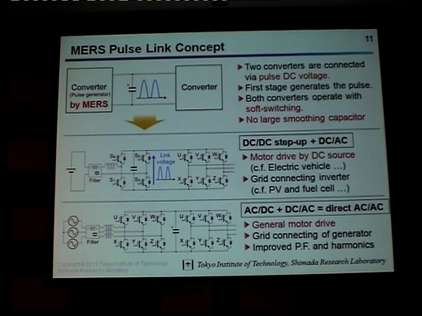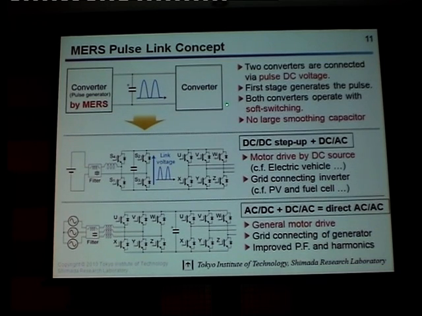The first stage generates the pulse voltage, and the first converter is implemented by our MASS. And both converters can operate with soft switching, and there is no smoothing capacitor between the two converters, so no large smoothing capacitor. So the advantages are soft switching and no smoothing capacitor.